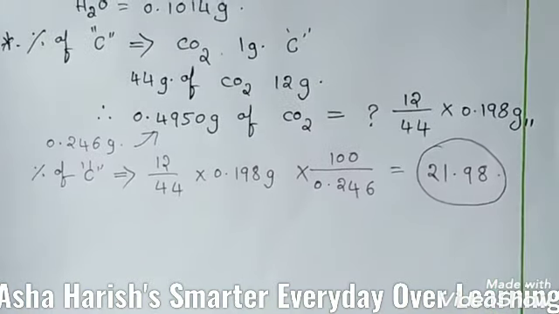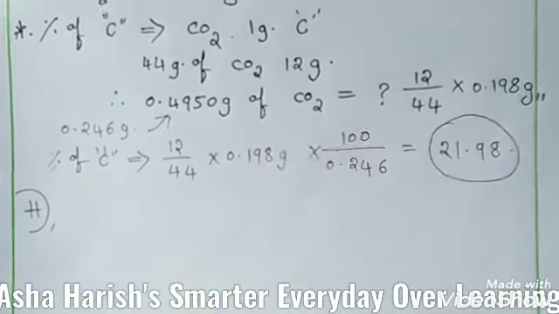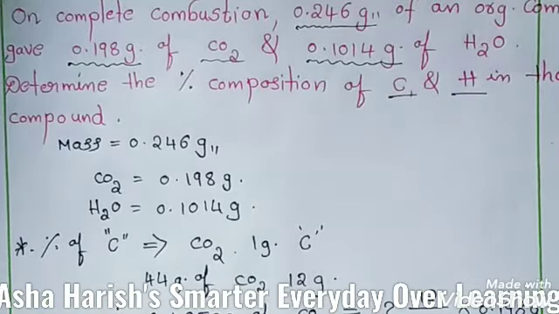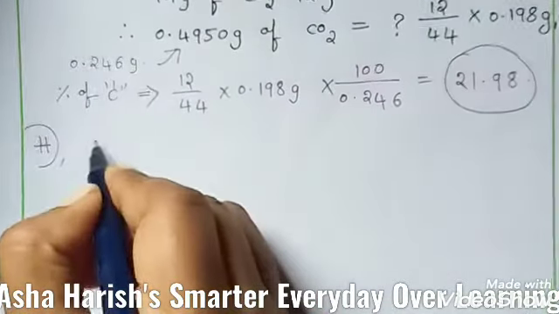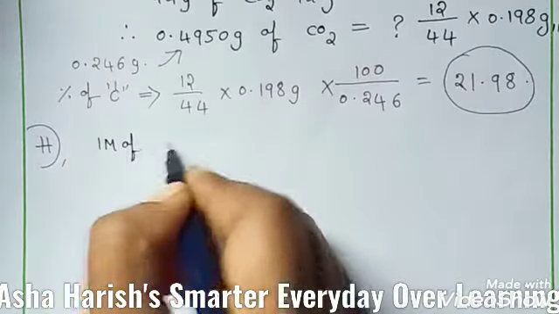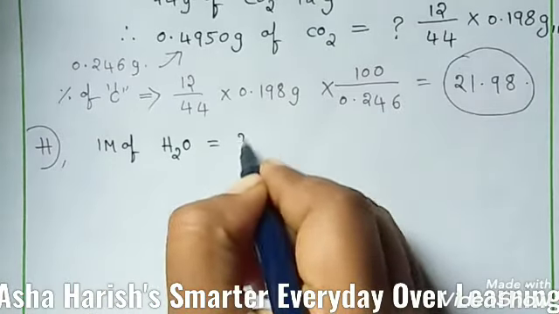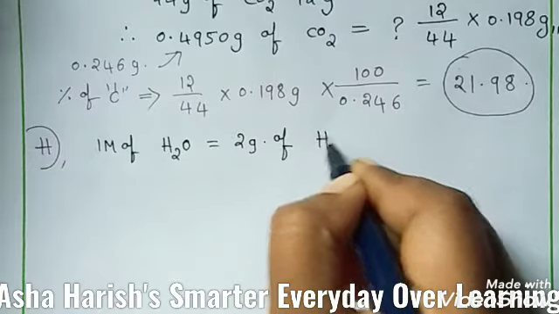Now let's see the percentage of hydrogen. Based upon this only, 1 mole of H2O contains 2 gram atoms of hydrogen.